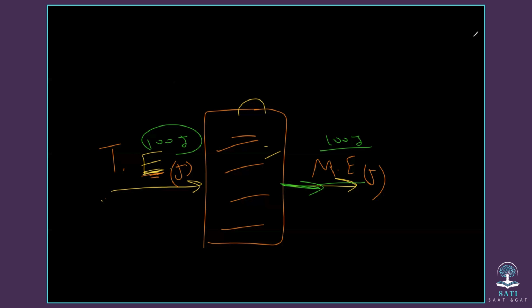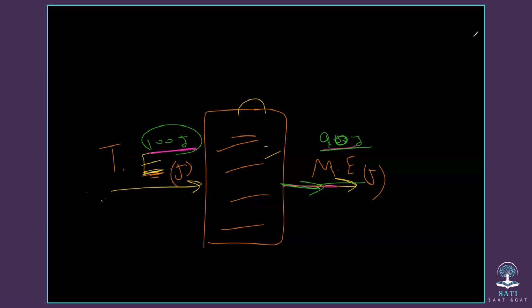In this case, the efficiency of the engine would be 100%, and that's almost impossible. So it will give us about 90 joules of energy as mechanical energy. So this engine takes 100 joules as input heat, and it gives you work of 90 joules.